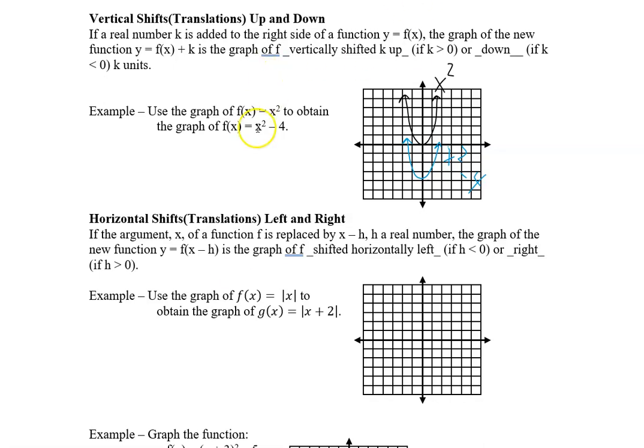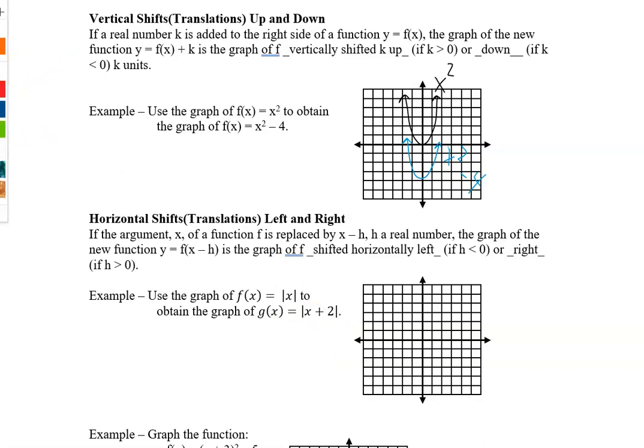So you'll notice in this example, the -4 was not just on x, it was on the entire graph. In this example, notice that the +2 is only on the x. It's inside the absolute value, so that means it's only on x. If it were outside the absolute value, then it would be a vertical shift. And the horizontal shifts are backwards. They're counterintuitive to what you would think.